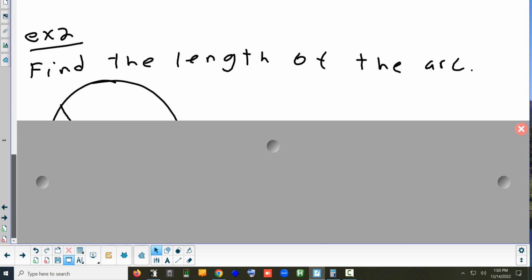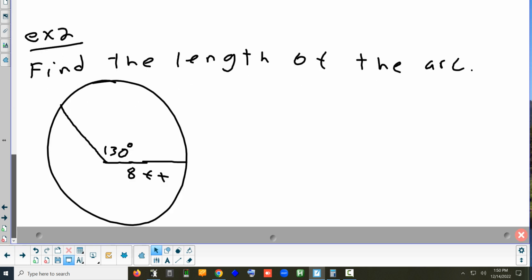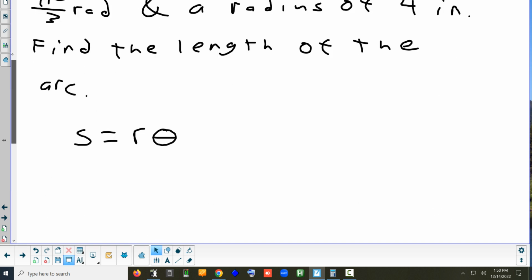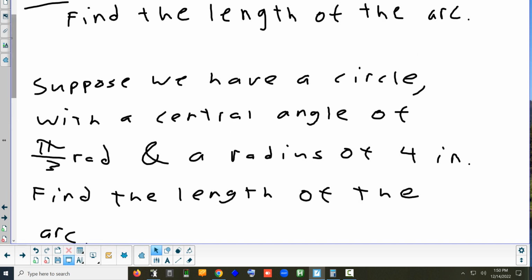I could just draw a picture and say find the length of the arc. We're going to do that one as our second one. Or I can just write it out as a sentence. So find the length of the arc, and instead of a diagram, I just give you it all in sentence form.